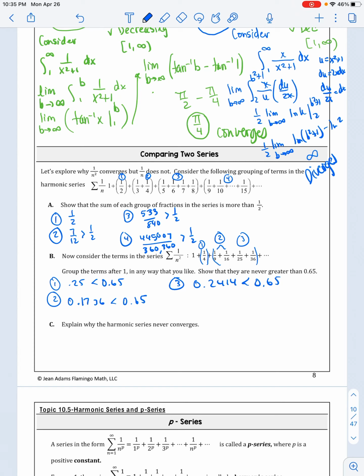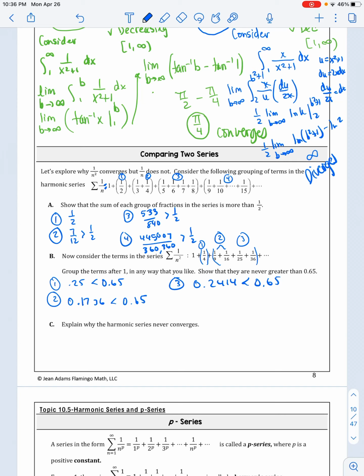So explain why the harmonic series never converges. Since you're adding 1/2 plus a number greater than 1/2 plus another number greater than 1/2, your values for 1 over n, and by the way, that was an equal sign there, sorry, they're just going to keep going and going, getting bigger.